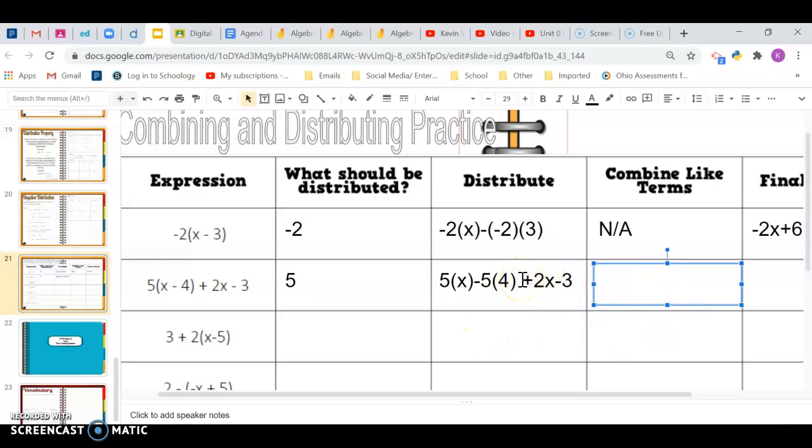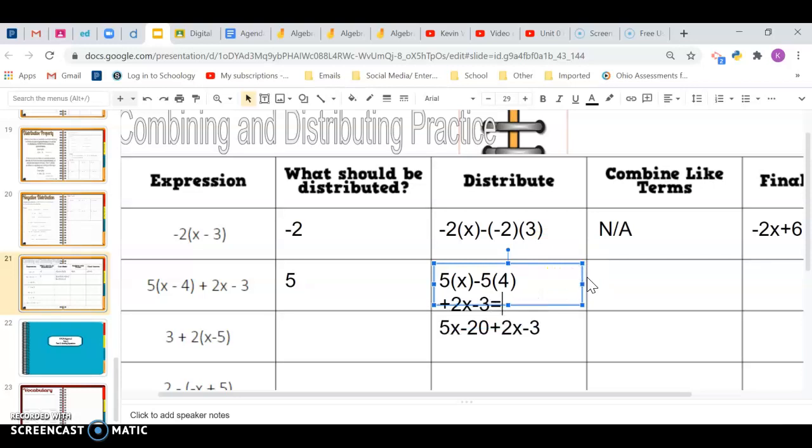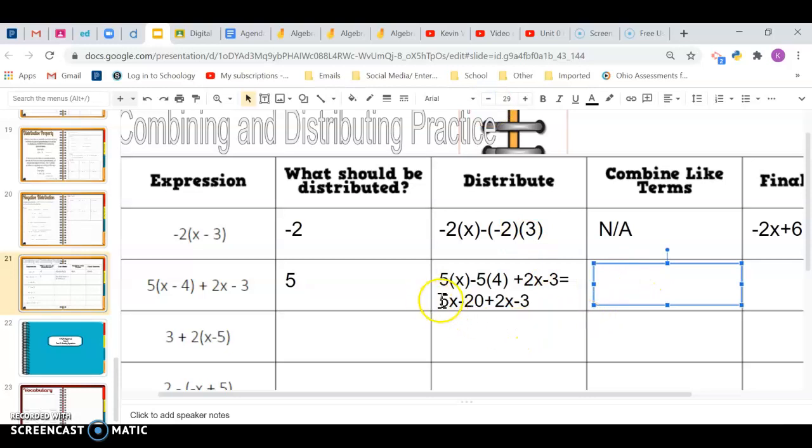So what we're going to have to do is actually go through and do the math here quickly. Okay. So this is going to turn into 5x minus 20 plus 2x minus 3. Okay? That's what we got going on right here.